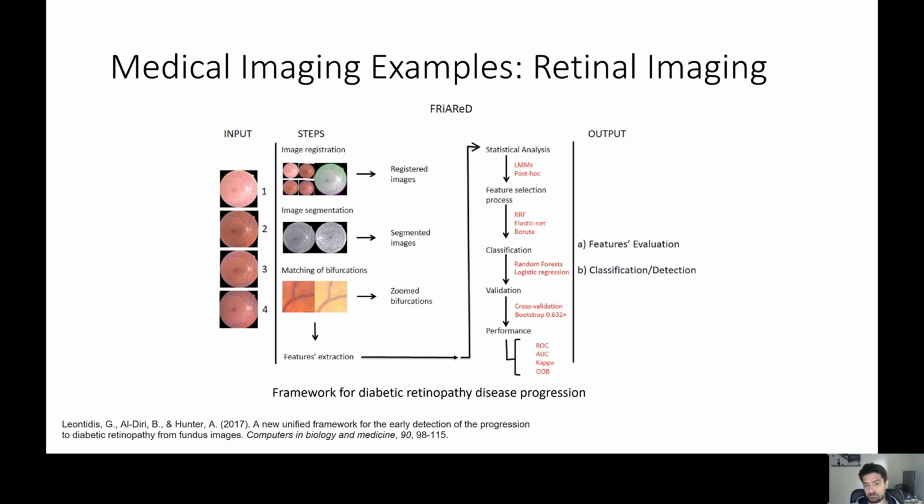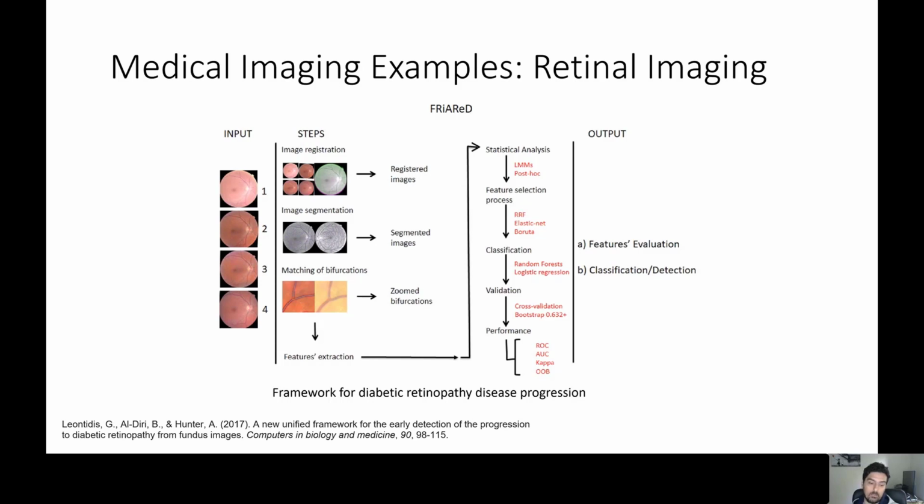Of course, in diabetic retinopathy, you have lesions as well, which means that you might have, for instance, to detect macroaneurysms or hemorrhages in the retinal vasculature. But in this case, we didn't focus on the lesions because our study started at an earlier stage. So we investigated patients that are at the late stages of the pre-diabetic process.